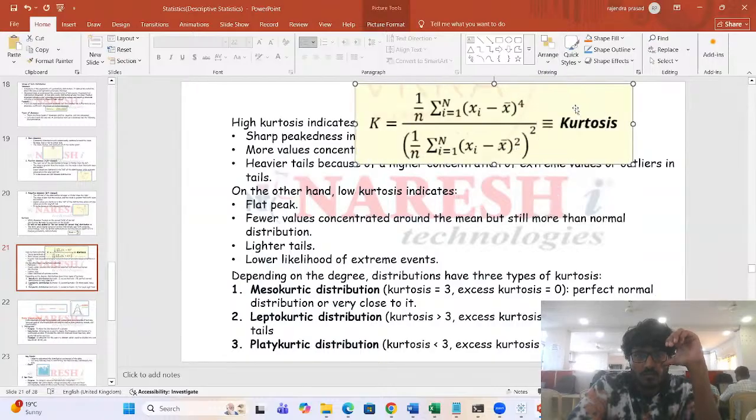The formula for calculating the kurtosis is 1 by n into summation of xi minus x bar all to the power of 4. Here we know x bar, we know xi, each and every value.